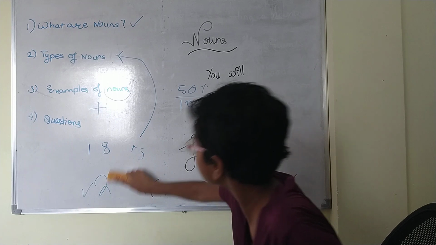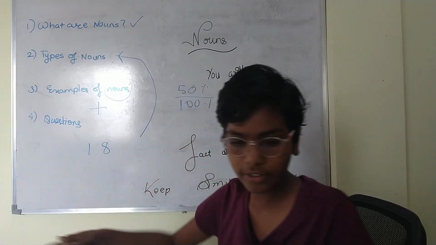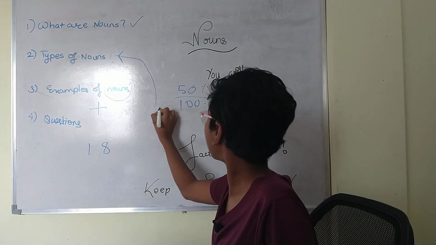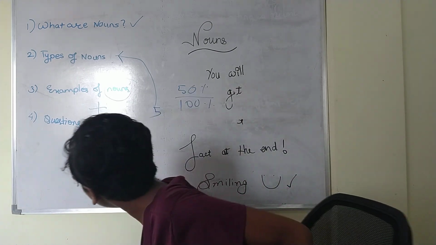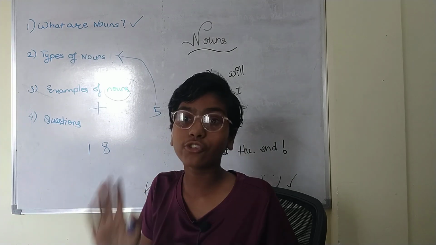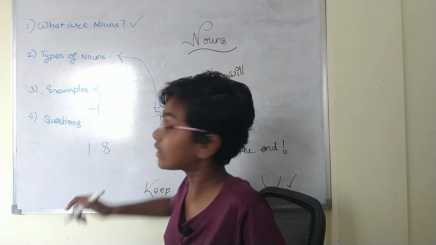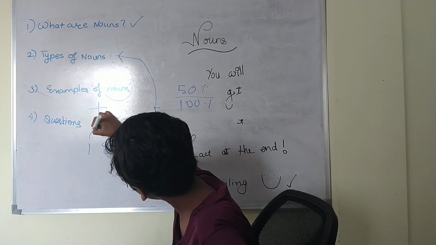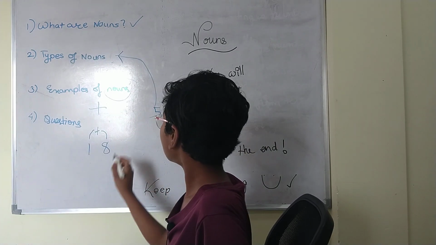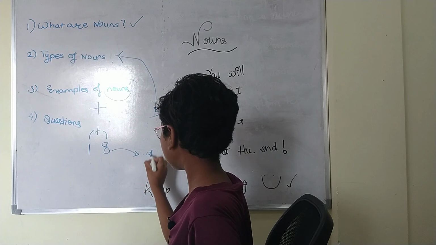So see, erasing all this. What we had discussed was five types of nouns, and I'm writing here 18. So in this 18, if you find the sum of its digits, we have to add both of them. What you will get is 9.